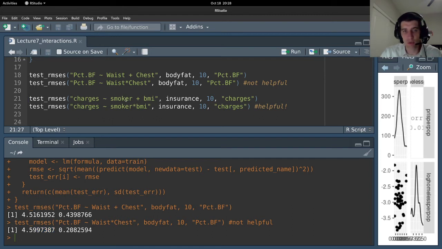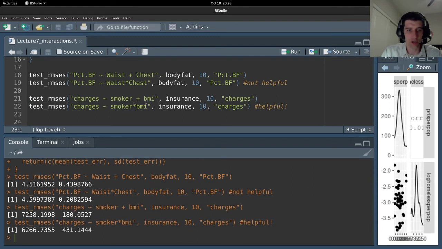Performing the same for the insurance data, here I have the model with smoker and BMI as individual predictors, and here I have the factor crossing where I include the interaction. Doing the test RMSEs, we see a dramatic drop when I include the interaction term. So here we see that indeed the interaction term was useful.